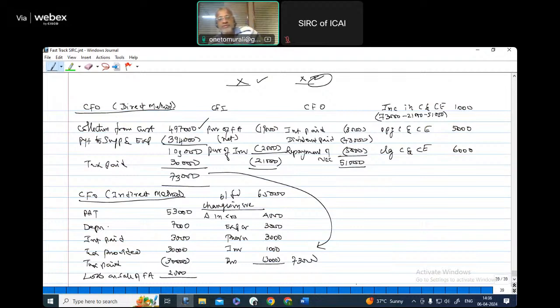So in one problem, we have finished off 2 items. Is that okay? So we have solved cash flow. Yesterday we were discussing how to treat factoring with recourse and without recourse. And we have discussed something about cash and cash equivalent.